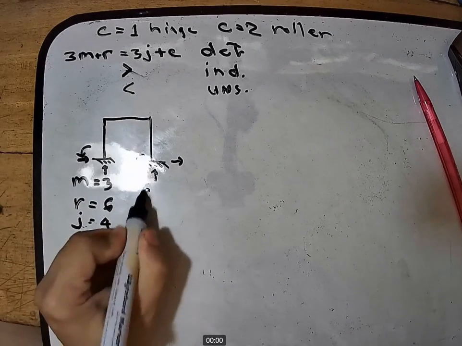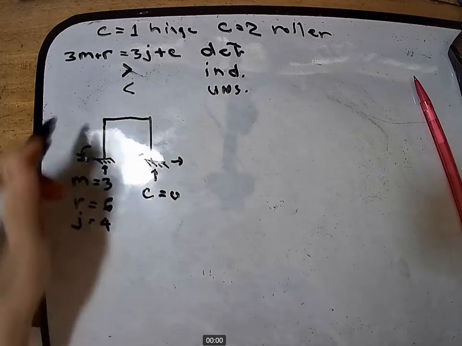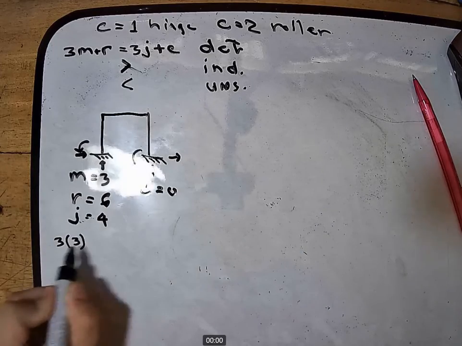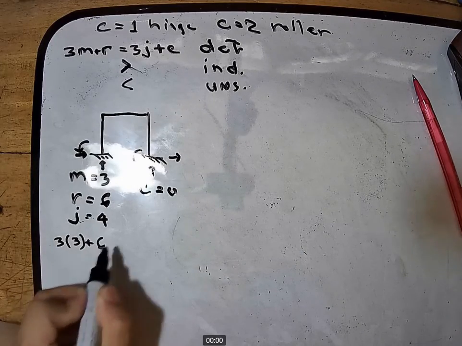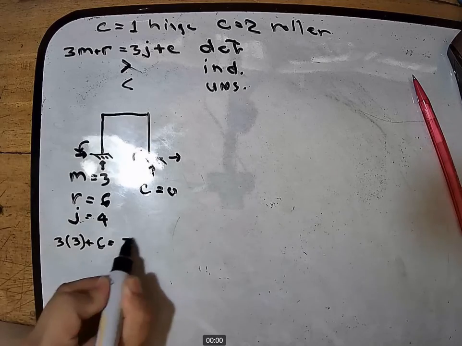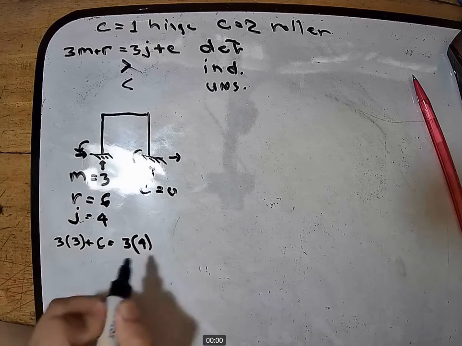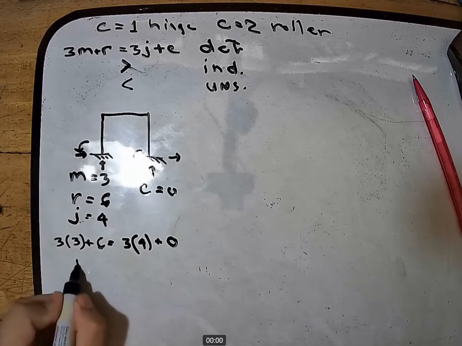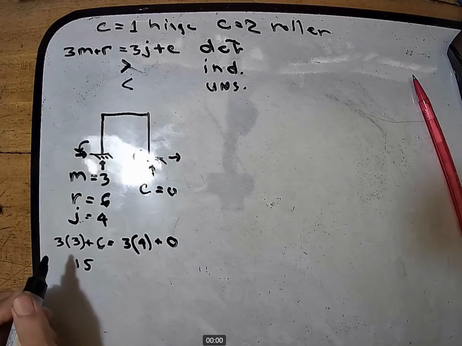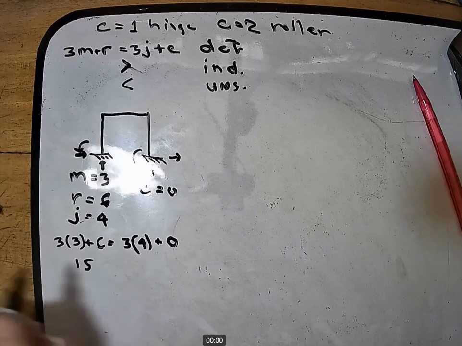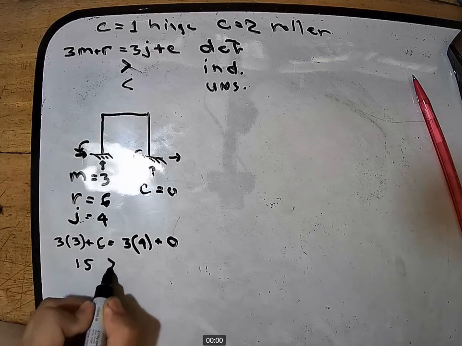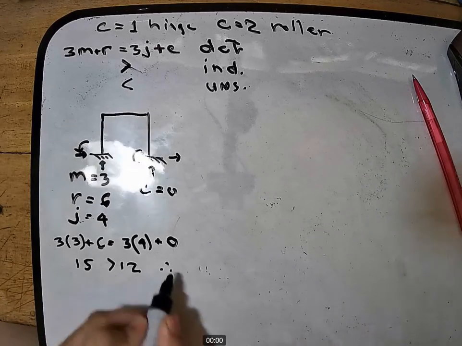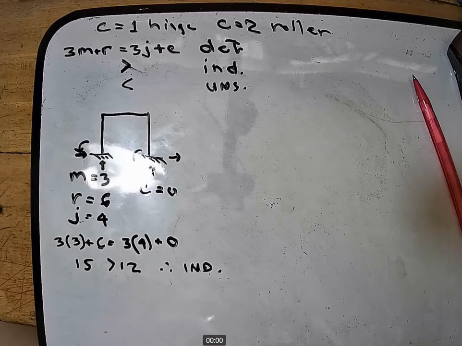And your c is equal to 0. So let's take the equation. 3m plus r is equal to 3j plus 0. Okay, so 3 times 3, 9 plus 6, 15 is greater than 12. Okay, so therefore, indeterminate.